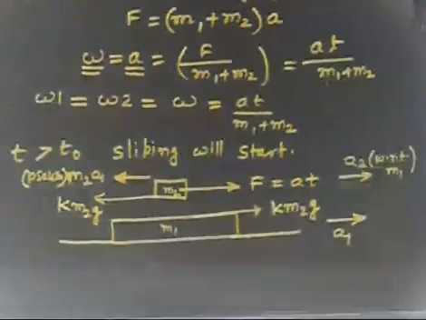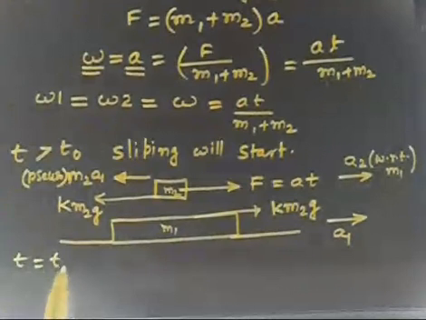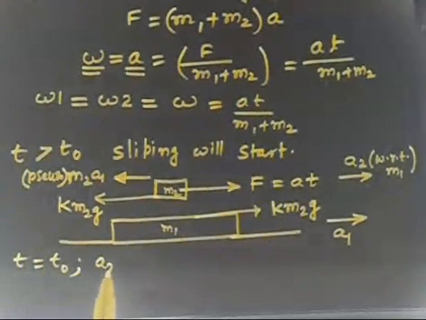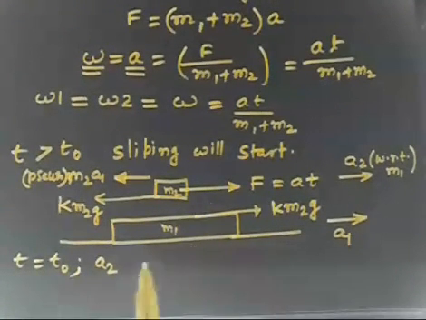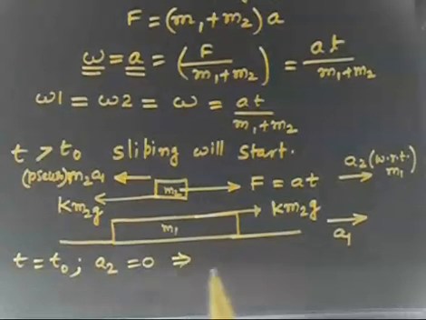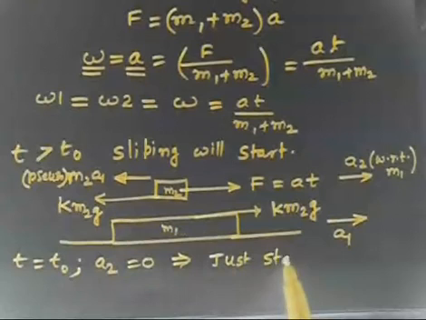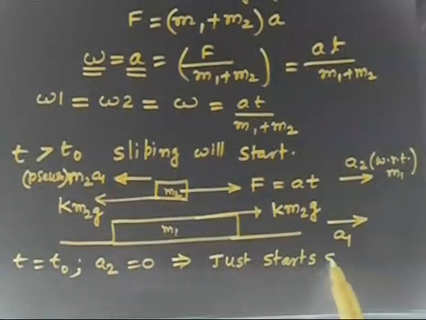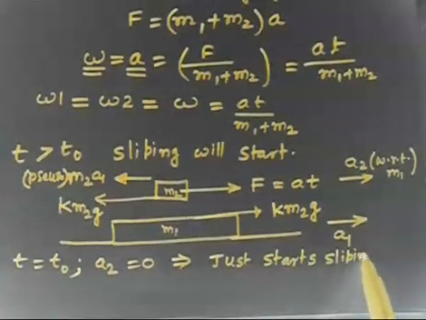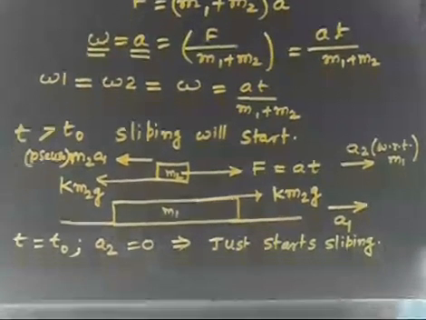So at T equals T naught, the relative acceleration A2 is 0. Why? This is because slipping just starts.